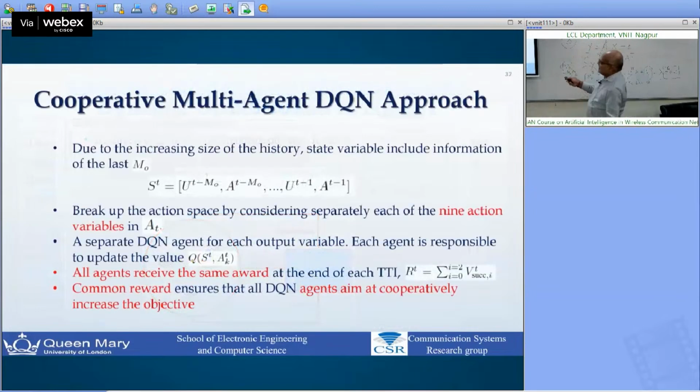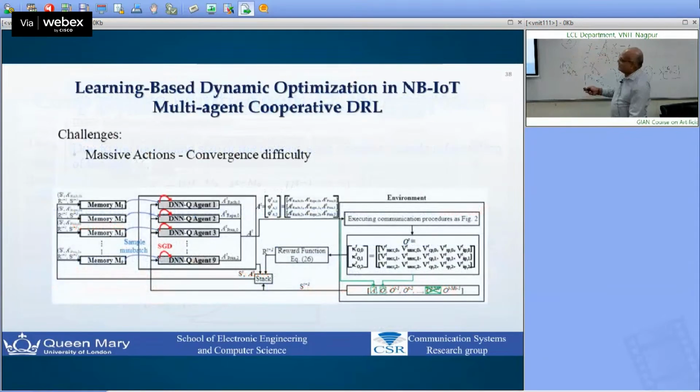As I mentioned earlier, the state is formed from the previous actions and previous observations. Here the reward is to maximize the number of devices successfully served in all 3 intervals, so all agents cooperatively optimize.